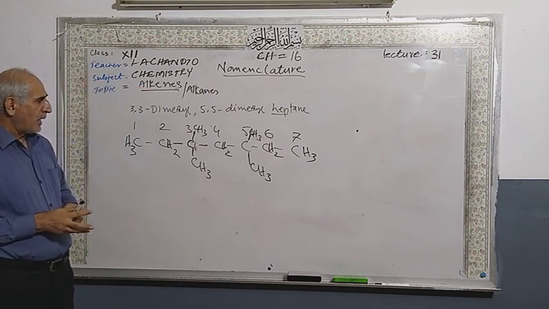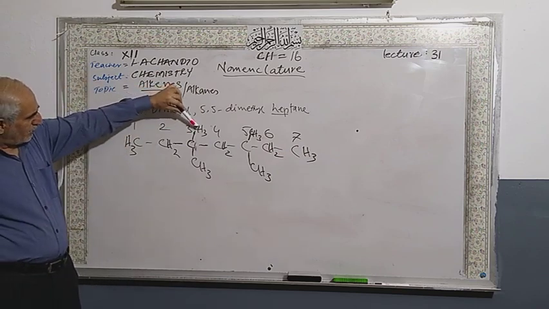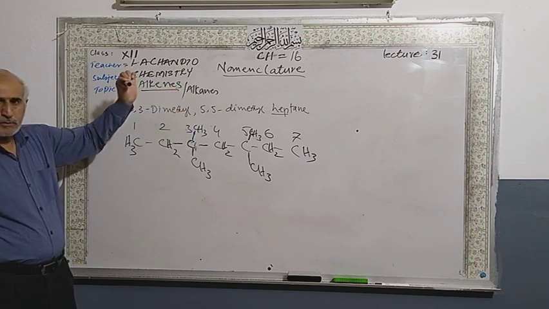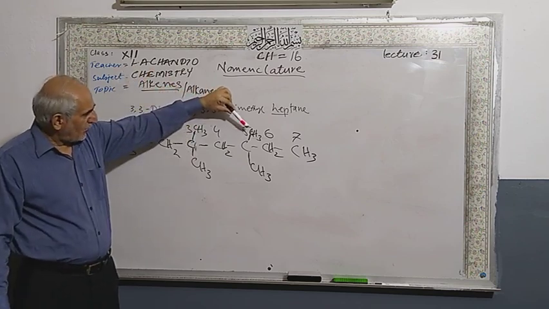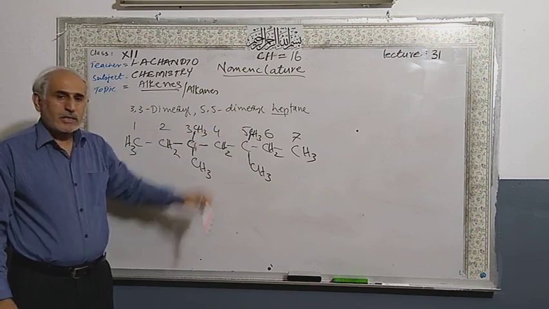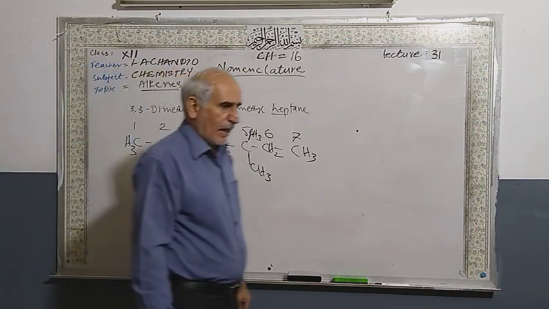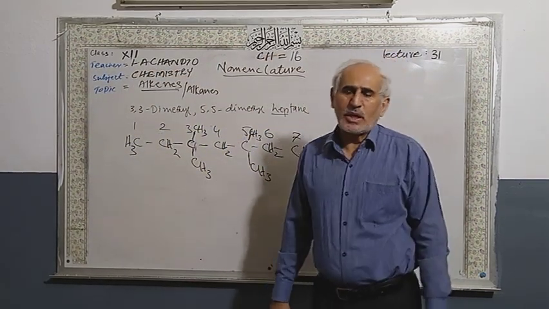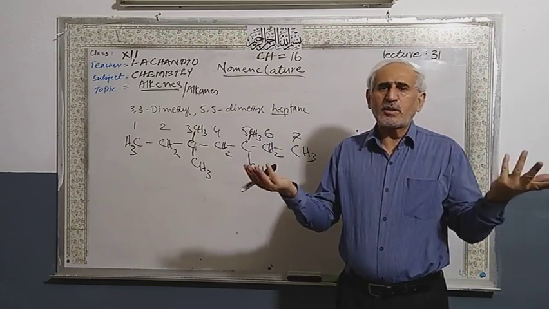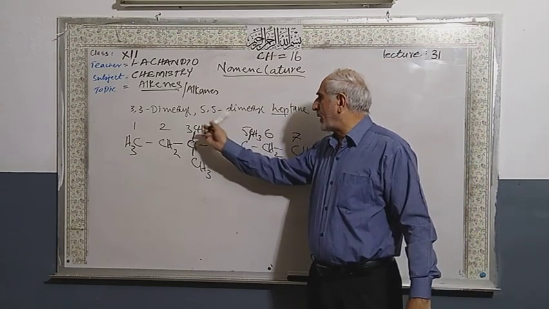Now students, on the 3-methyl, on the 5-methyl, same. Different groups, branches are the same, all are methyl. Then why do we separate them?